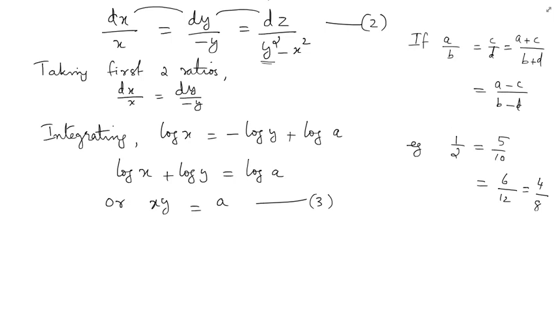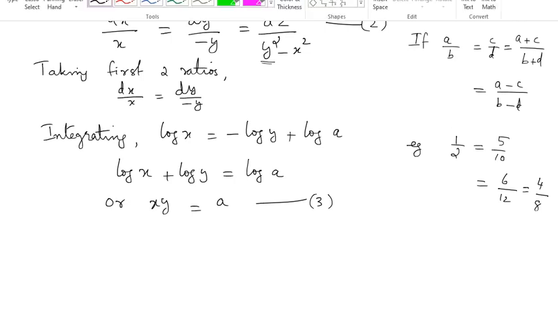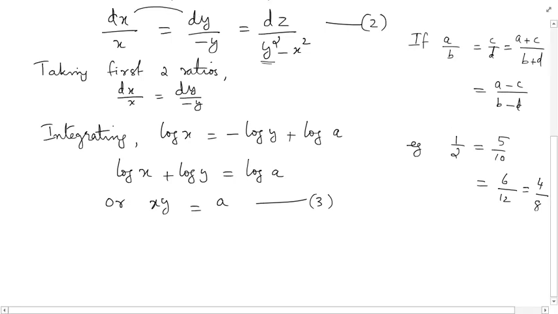So you consider the first and second. From first and second, we can write one new ratio, that is dx minus dy by x minus y. So now we can write that each ratio of equation number 2 is also equal to dx minus dy by x minus minus y, that is x plus y.